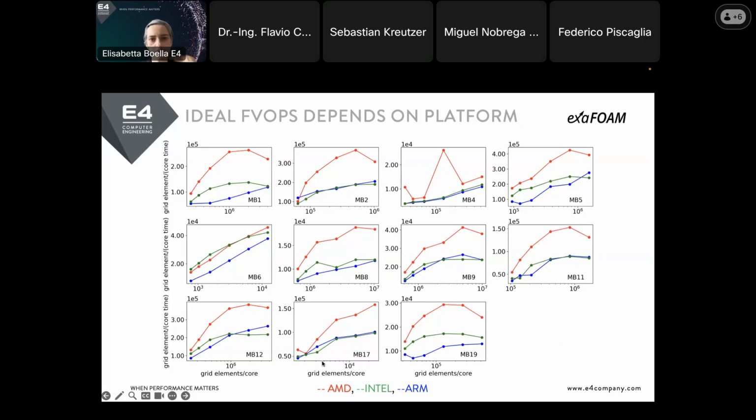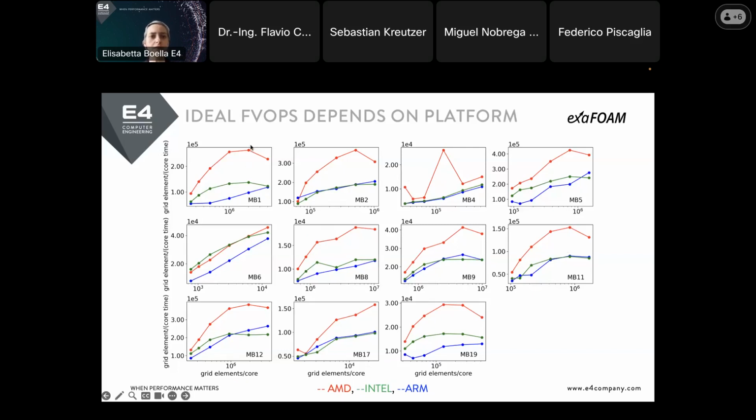What we can see from this plot, so again, here we have the FVOPS metric on the y-axis versus the number of grid elements per core on the x-axis, and the pictures correspond to different microbenchmarks. The 3 colors correspond again to the 3 architectures: red AMD, green Intel, and blue ARM. And what we can see from this plot is that many of these curves have local maxima, which, as I said, means that this is where we are saving computational resources.